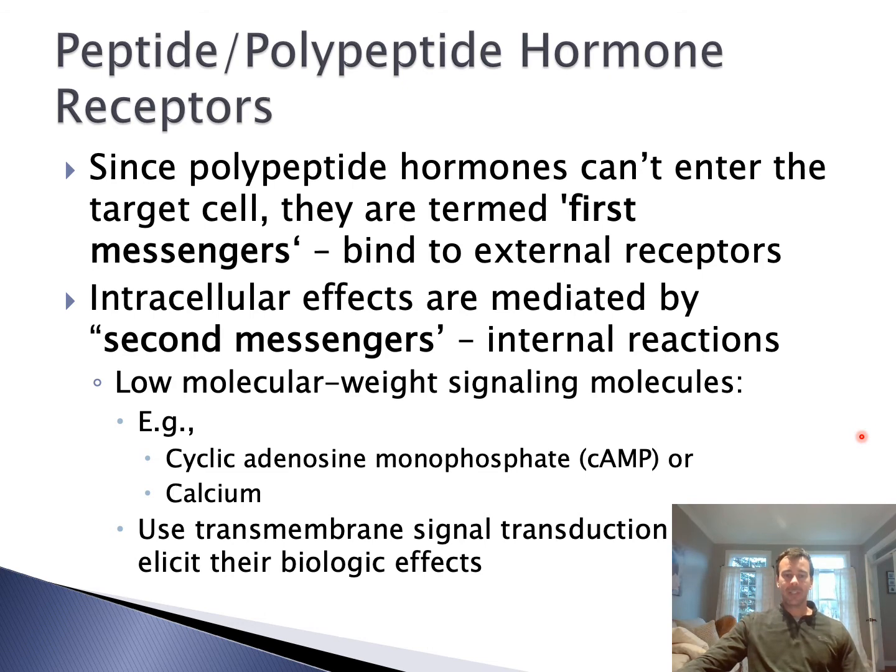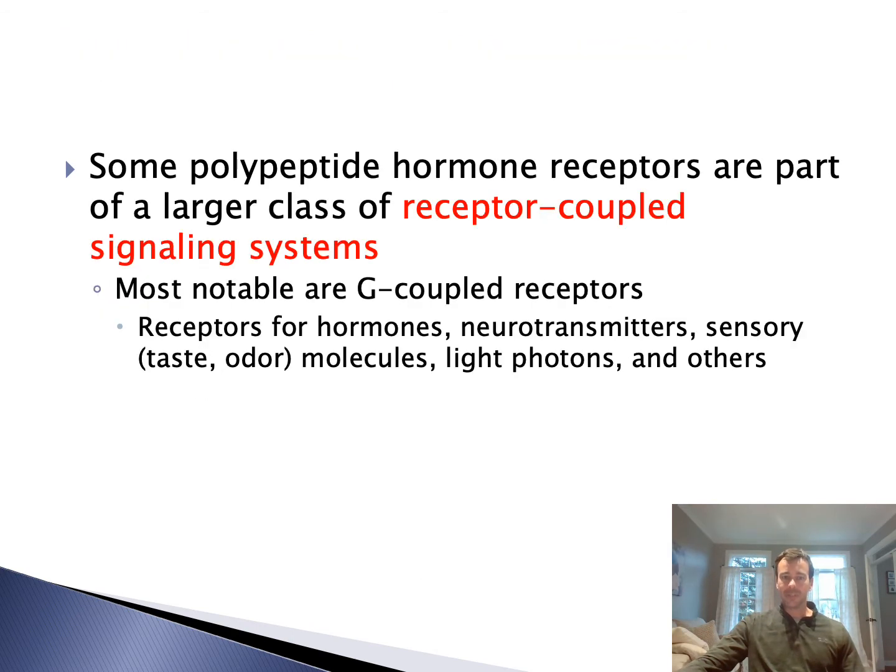These secondary messengers are low molecular weight signaling molecules such as cyclic AMP or calcium. They use transmembrane signal transduction cassettes to elicit their biological effects. We'll talk about more specifics of how this works.